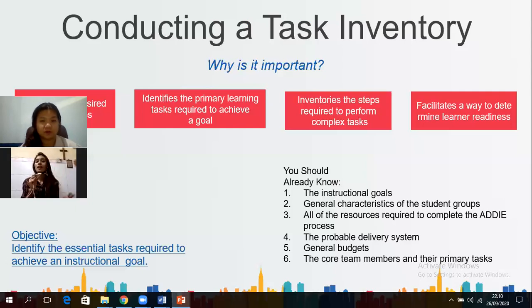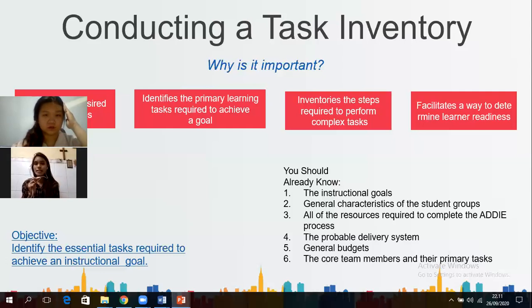And the third one is we should already know all of the resources required to complete the ADDIE process. We should also already know the probable delivery system, the general budgets, and the core team members and their primary tasks.